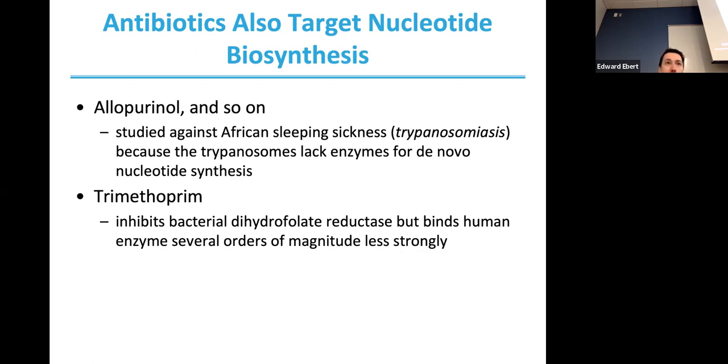My advisor had connections in Kenya and was looking at African sleeping sickness, and that's transmitted by, I believe it's mosquitoes, some type of the trypanosomes live in there, and there's a whole life cycle where the cattle will be the host, then the mosquito will feed on them, and then bite the humans, and so on and so forth.